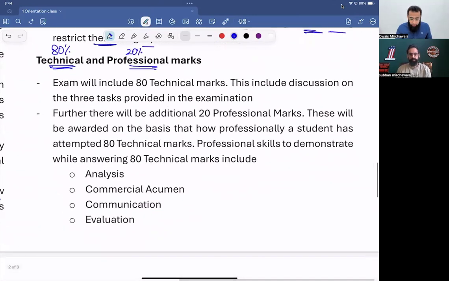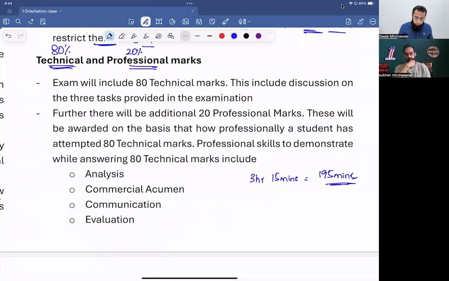You have 3 hours and 15 minutes in the exam. This totals to 195 minutes in the examination. Now, normally, in these 195 minutes, a student attempts 100 marks. Like the requirements which you attempt, if you total them up, you attempt 100 marks of requirements.